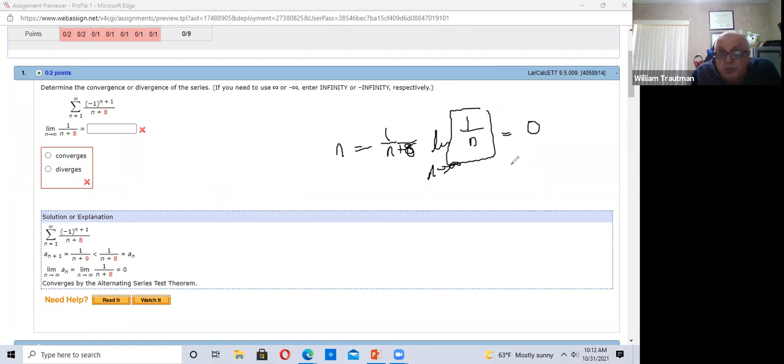So according to the alternating series test, if each successive value becomes smaller and the limit of our a sub n approaches 0, and by the comparison test, this converges to 0, this also converges to 0. So using the comparison test, the whole thing converges.